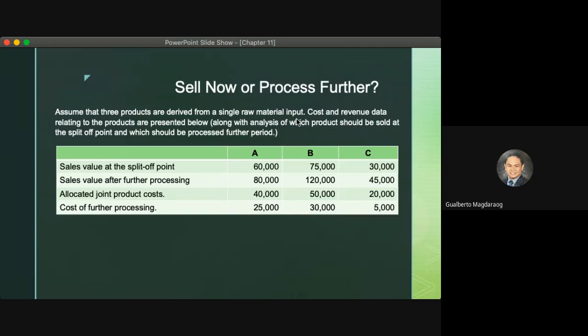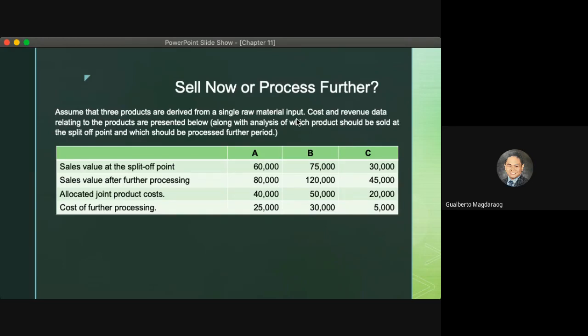Okay. So for product A, if we sell it at split-off point, we will have a sales value of 60,000, and the cost is 40,000. So we earn 20,000 at split-off point. You no longer need to process it further.